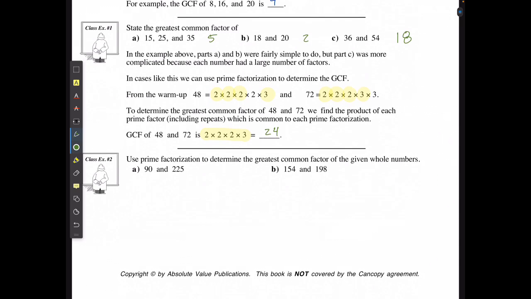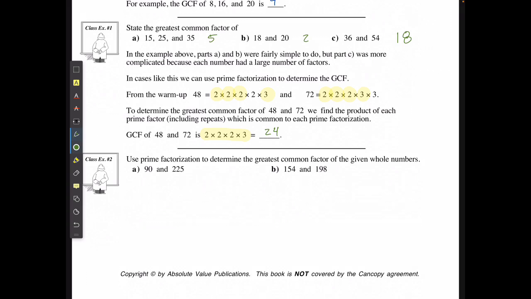So if that's true, the first thing we need to be able to do is find the prime factorization. Once we know the prime factorization, we're going to state what the greatest common factor is. Whatever method you prefer to use, you can use a factoring tree, you can use the birthday cake method, you can do it vertically, however you like to find the prime factorization.